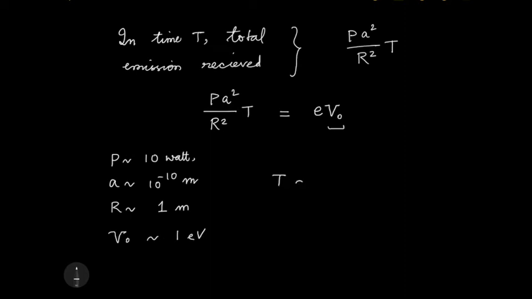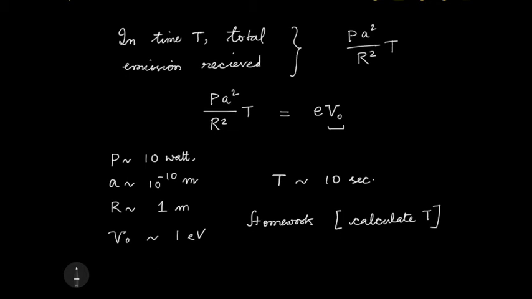So if you calculate the time, it will come out of the order of 10 seconds. The homework is to calculate it exactly. It can be 3 seconds, it can be 30 seconds. I don't bother, because both 3 and 30 are much larger than what you would call instantaneous.